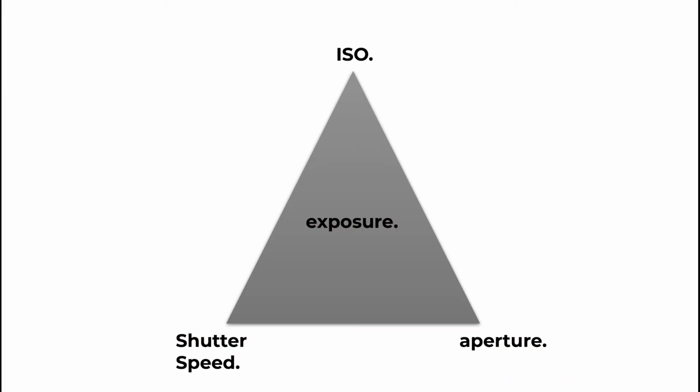Alright, now let's learn how to get a balanced exposure on your camera. Here we have the triangle of exposure. On the top is ISO, and on the bottom are shutter speed and aperture.